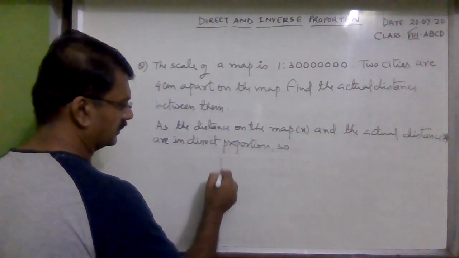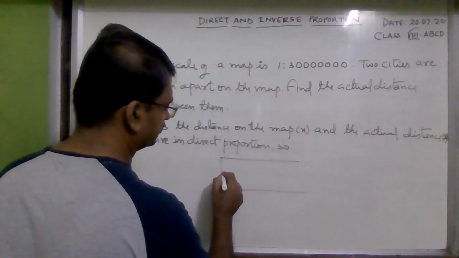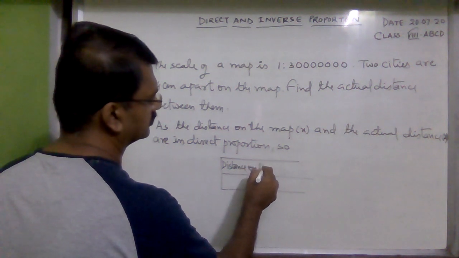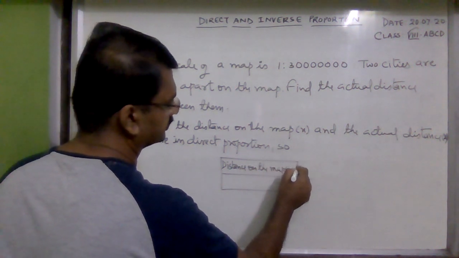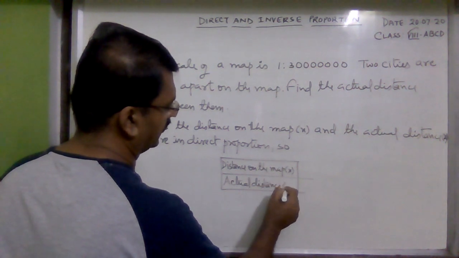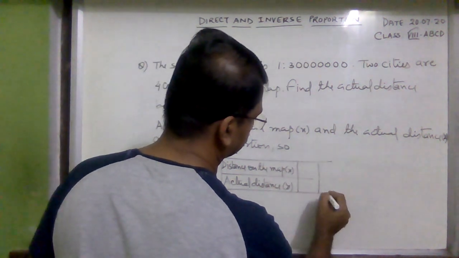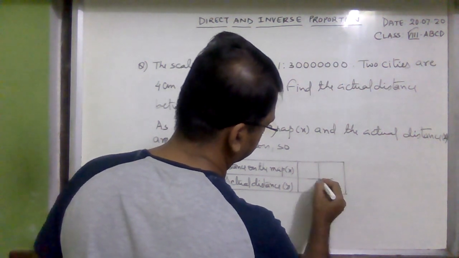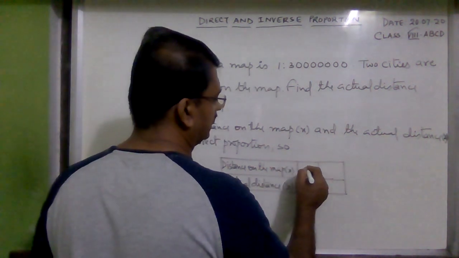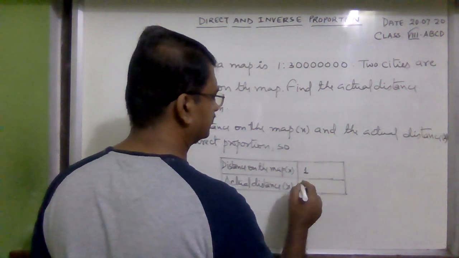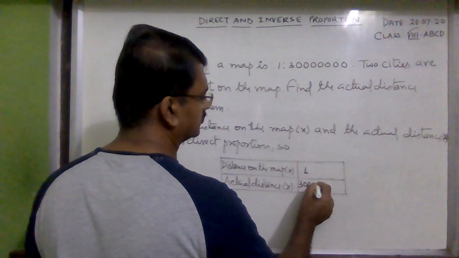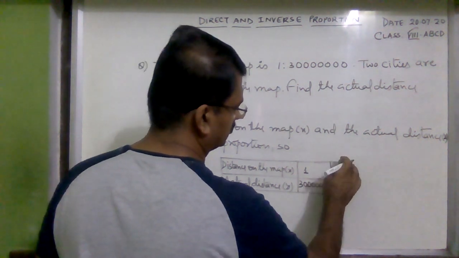actual distance is y. Now see, when the distance on the map is 1 centimeter, then the actual distance will be 3 crore.